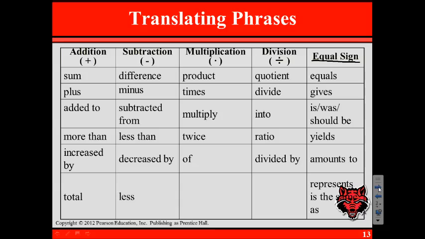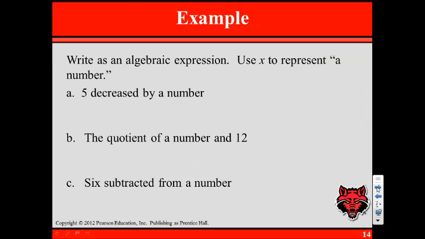That means there could be more words that represent addition. There can be more words that represent subtraction, and so on. But this will be very helpful later on in this module as well as in Module 3. If you will remember some of these terms, then you should be in really good shape when you try to translate different expressions and verbal statements into mathematical statements.